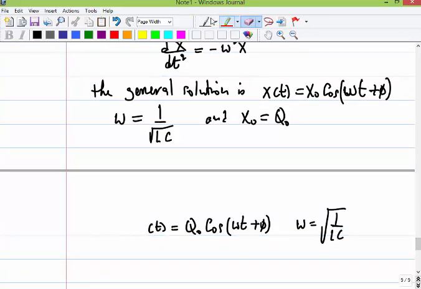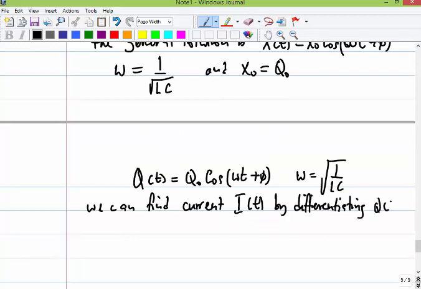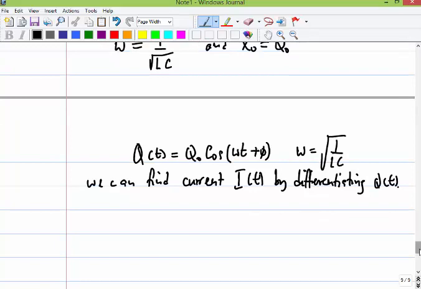Yes, Q is a variable, so Q of t is given by that quantity. Any questions on that? And then, obviously, you can find the current by taking the derivative. So we find current I of t by differentiating Q of t. Any questions?